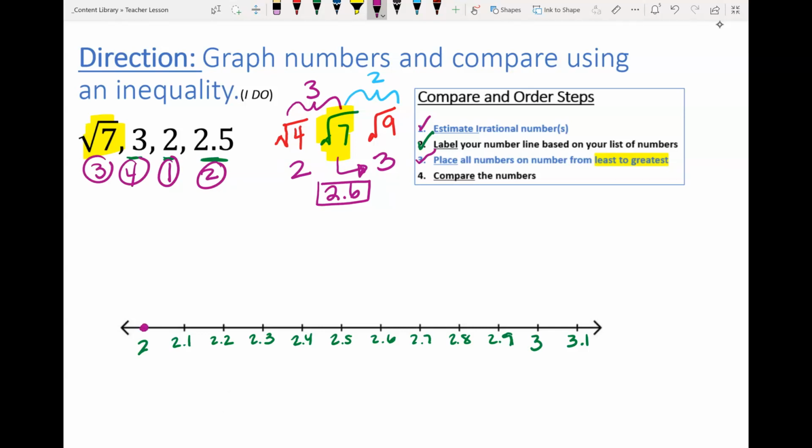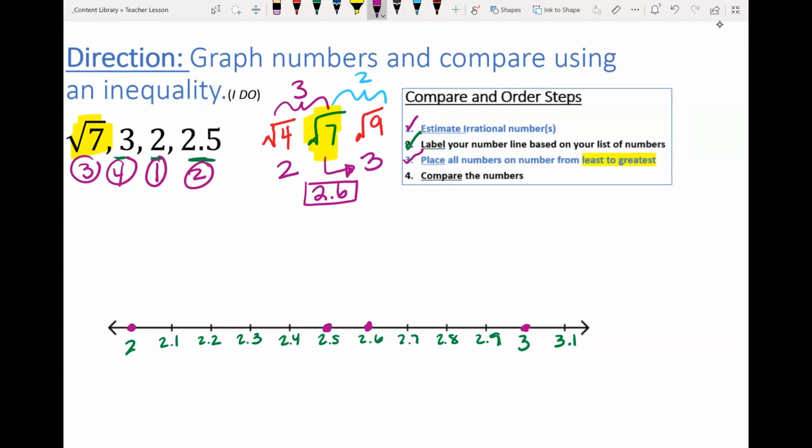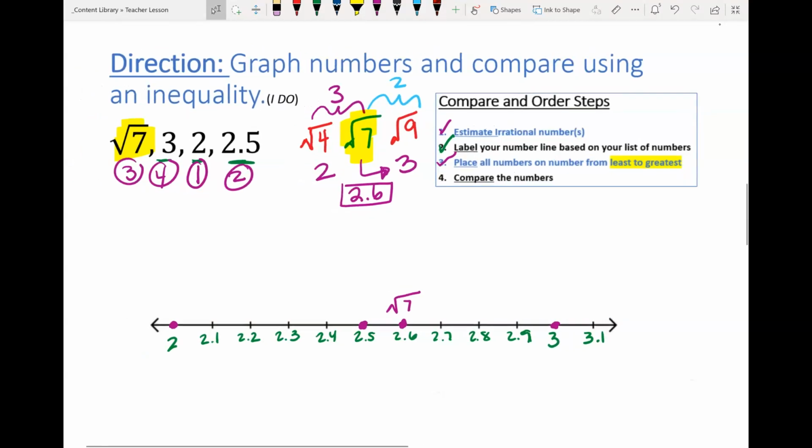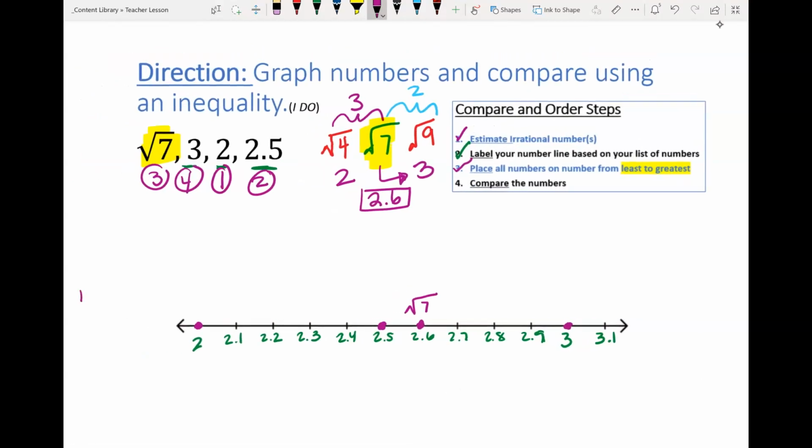We have 2, 2.5, 2.6, and we have 3. And it's not 2.6, it is square root of 7. So remember our double number line, our irrational, our square root goes on top, and then these are our rational numbers.